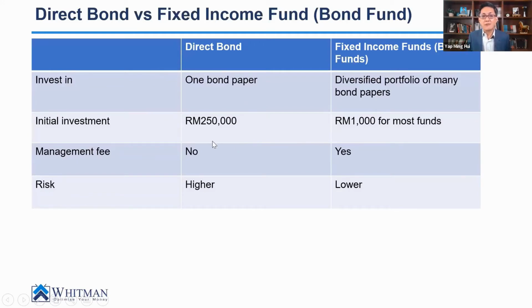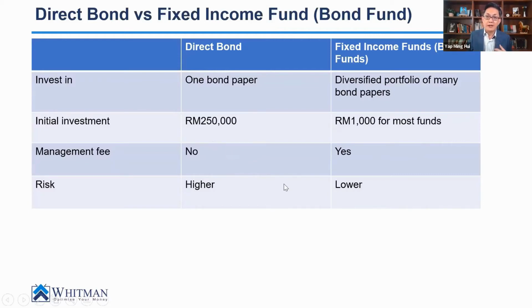Of course, for direct bond, you may get a higher return, maybe 1% extra, because there's no management fee. For bond fund, you've got a management fee because there's a manager helping you to select a bond, to trade the bond and manage a bond portfolio. So the return may be 1% lower than direct bond paper.